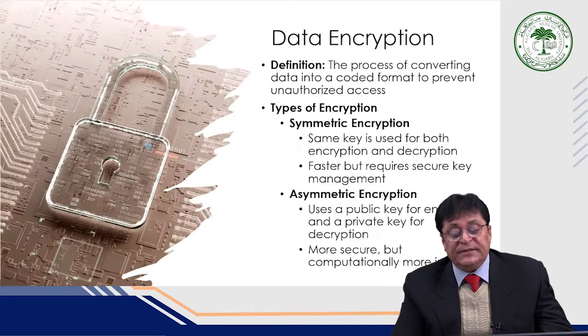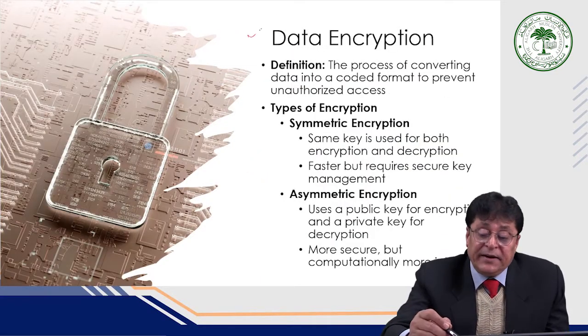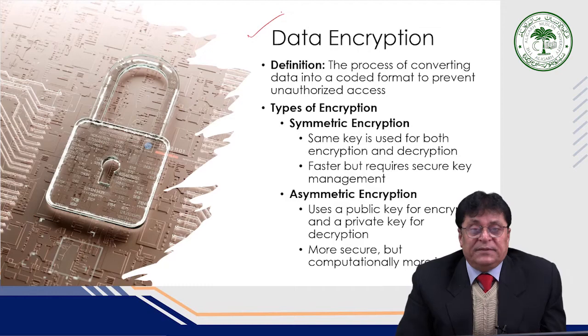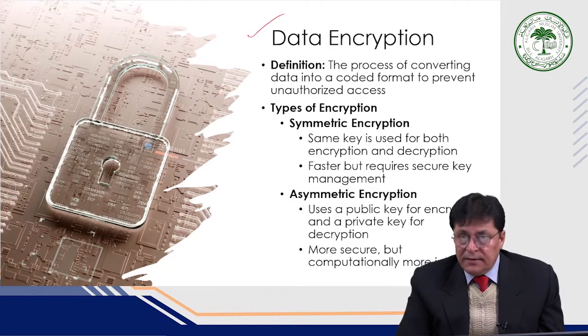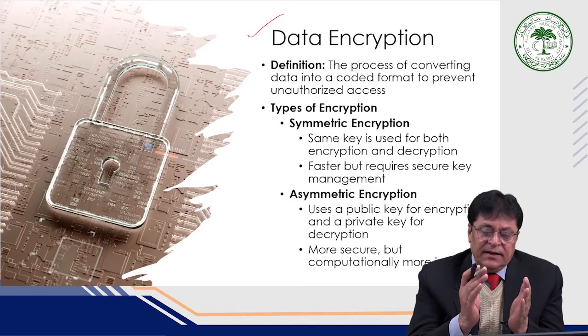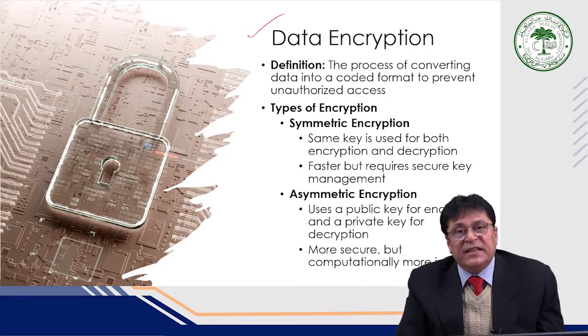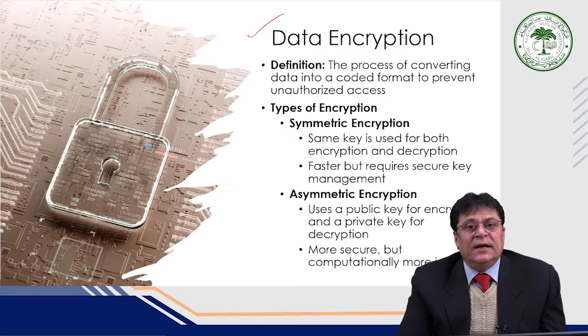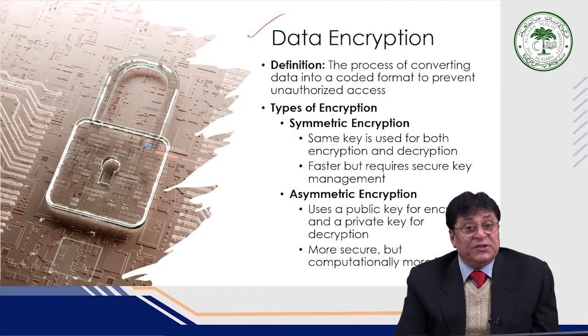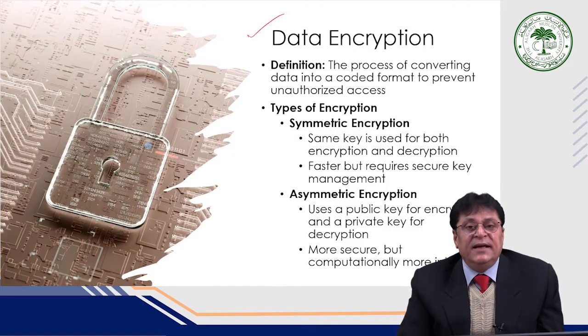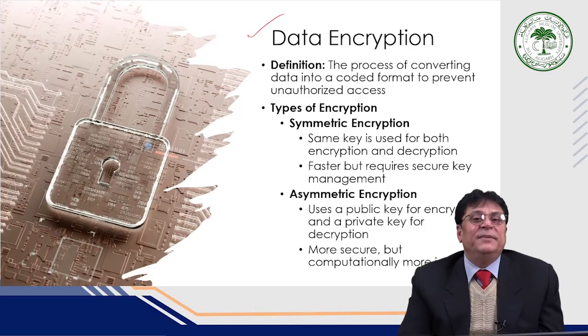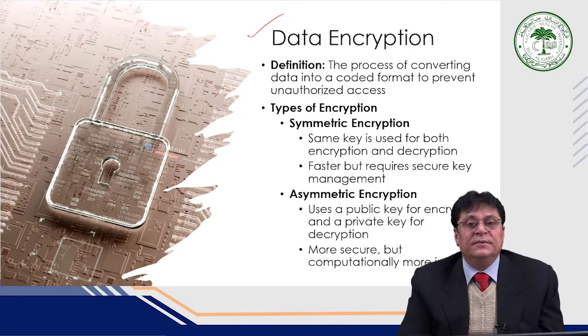These are some examples. Next important aspect is encryption. When data is stored or transmitted from one place to another place, if any unauthorized person can access it, its confidentiality will be disturbed, right? Its privacy will be disturbed.